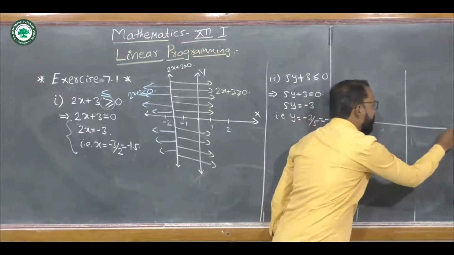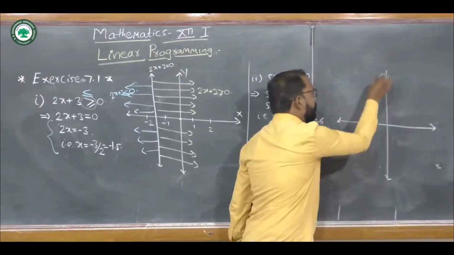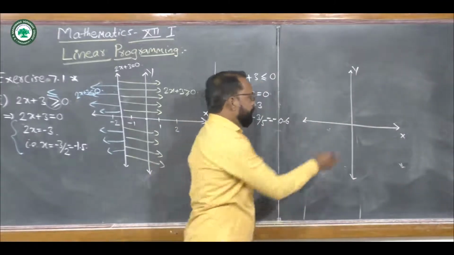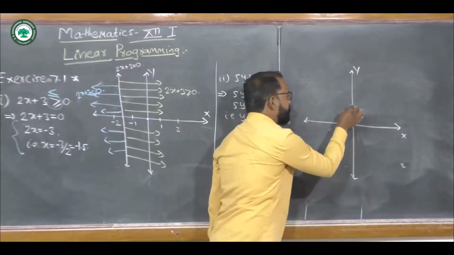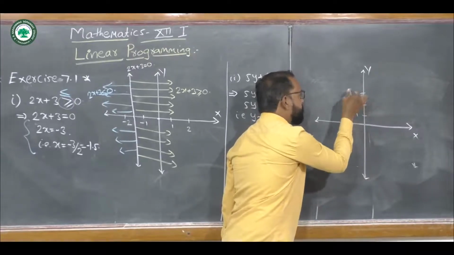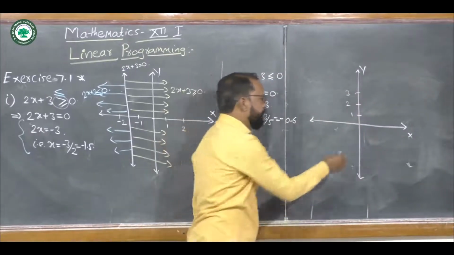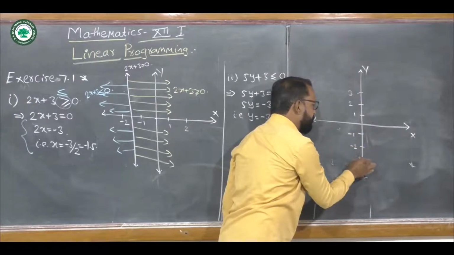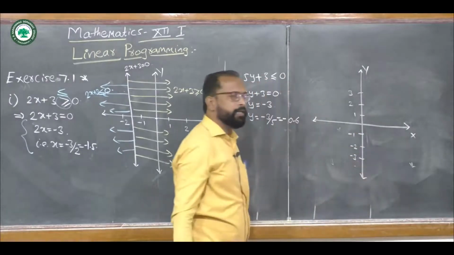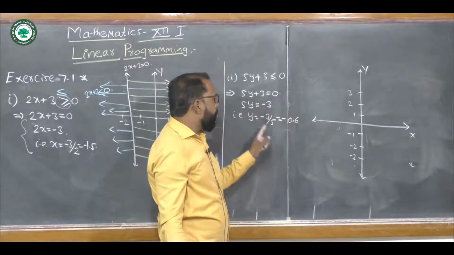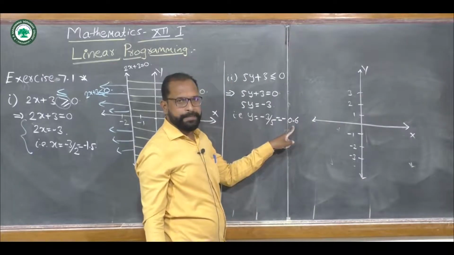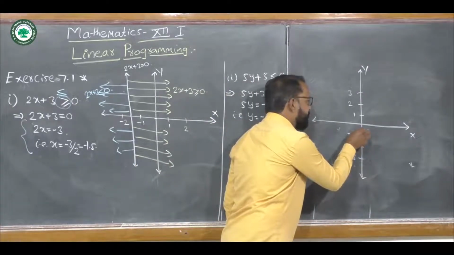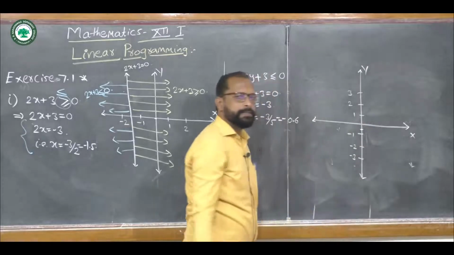Now we draw a plane showing the x and y axes. Again, here suppose these are the points y equals 1, y equals 2, y equals 3. Similarly here, y equals minus 1, y equals minus 2, and y equals minus 3. Now, y equals minus 0.6 is this point.